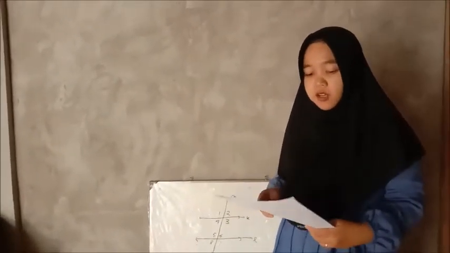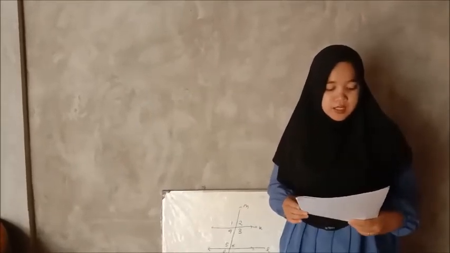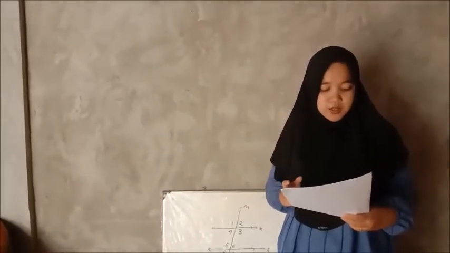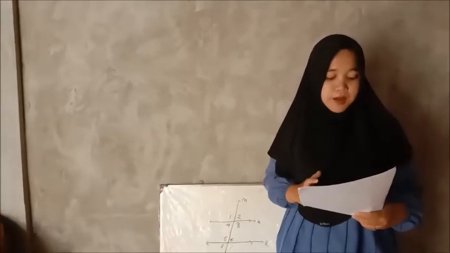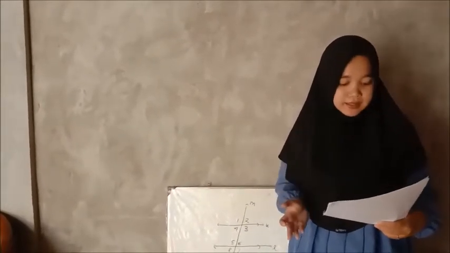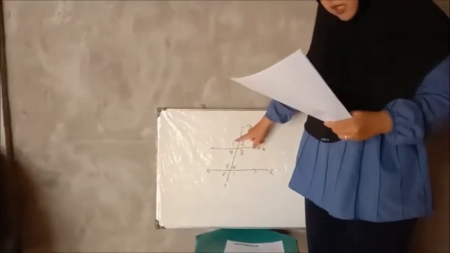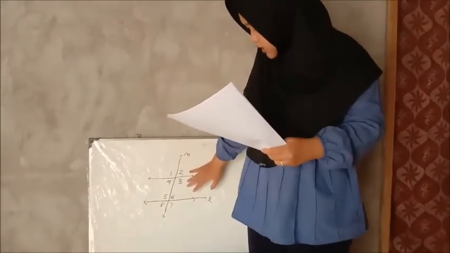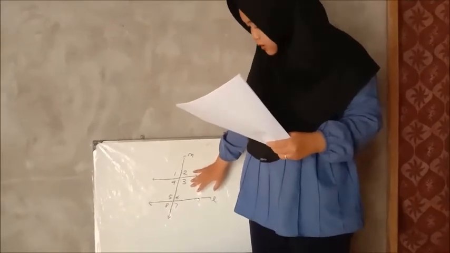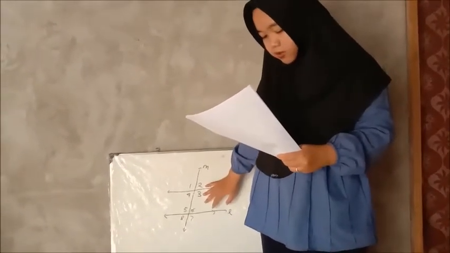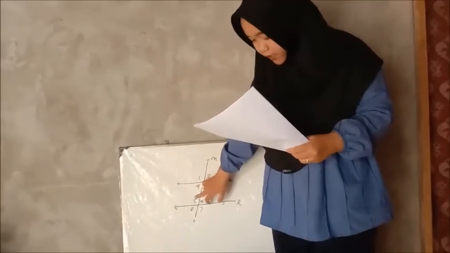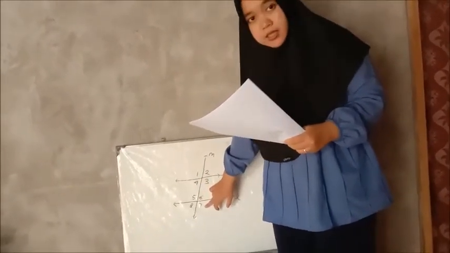So, about the first problem, corresponding angle. You had cut the picture, then you had found the same angle by crushing the paper that you had cut. From that, you will know that angle 1 will be equal to 3, angle 3 then be equal to 5 and equal to 7.